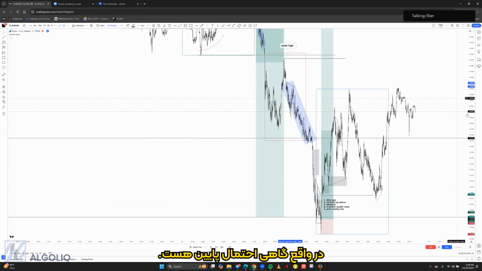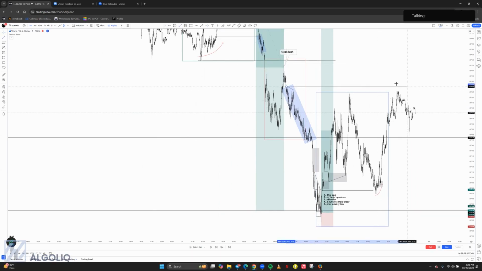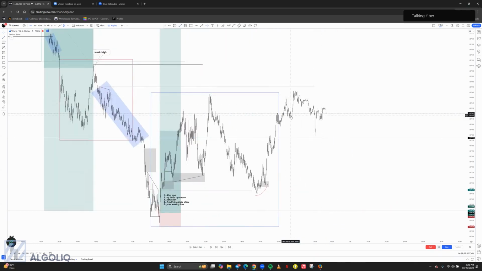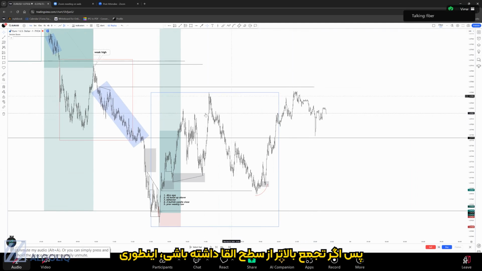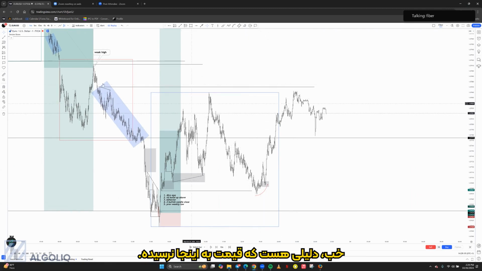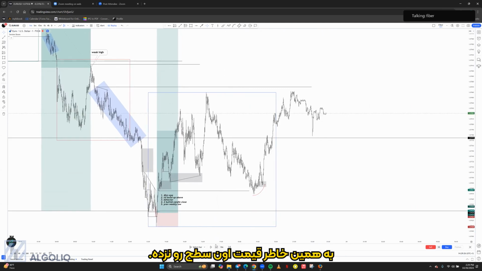Yes, actually, sometimes so. Assuming we have this high coming from this, then in this way, I could expect price to at least drop lower. But there's a reason why price didn't get to this. That means it has intention to go higher. That is why we don't have price at that level.